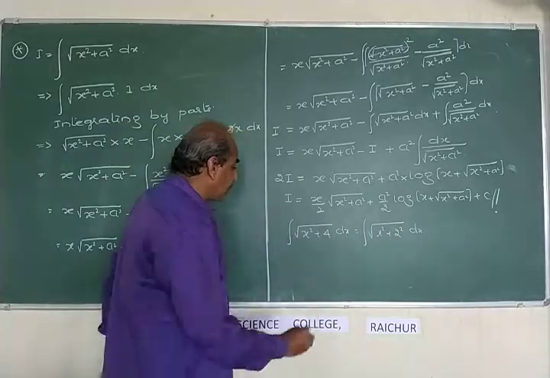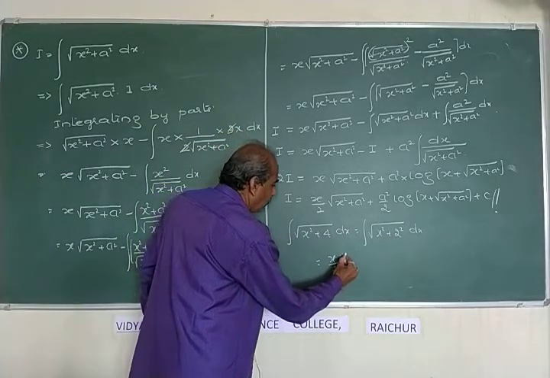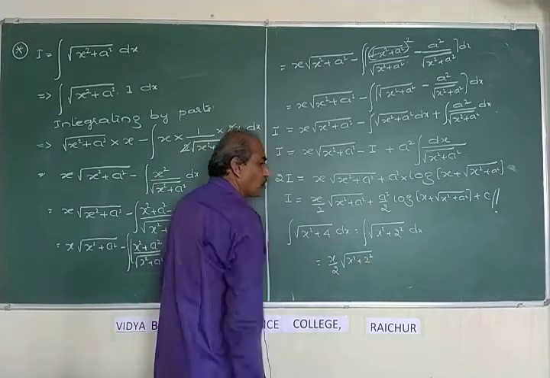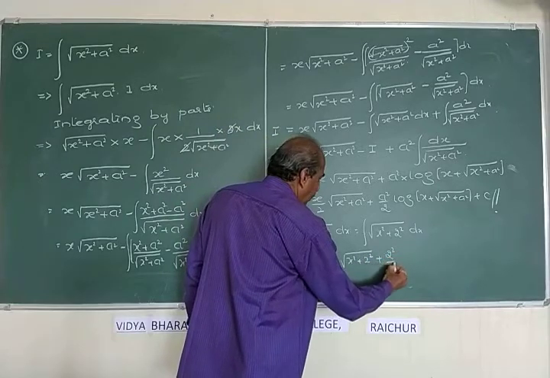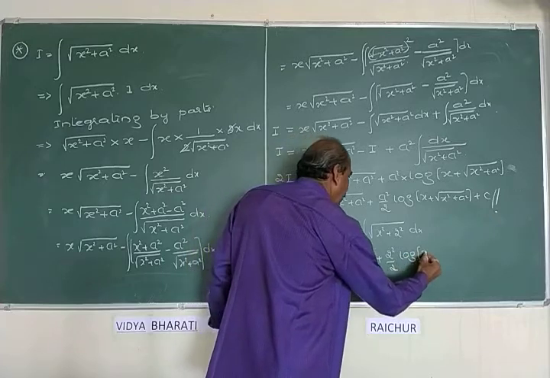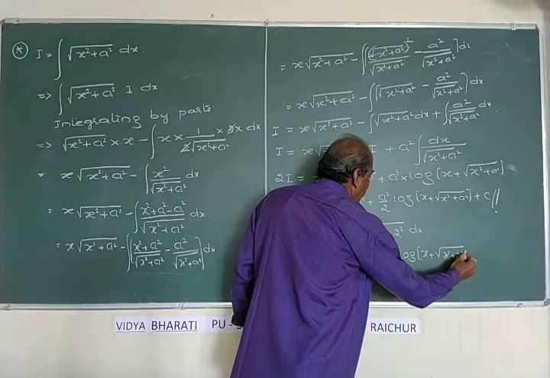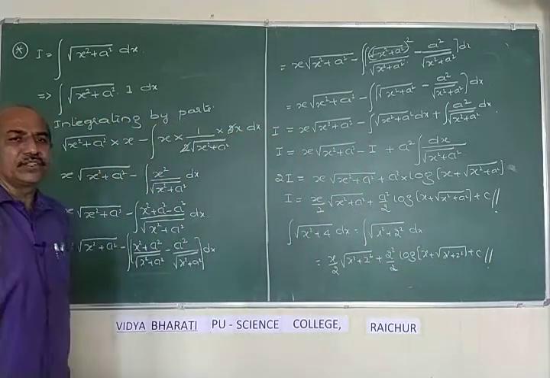Therefore, the answer is x by 2 as it is, into root of x square plus 2 square, it is 4 of course, plus a square by 2, 2 square by 2, log of x plus root of x square plus 2 square, plus c. It is a direct application.